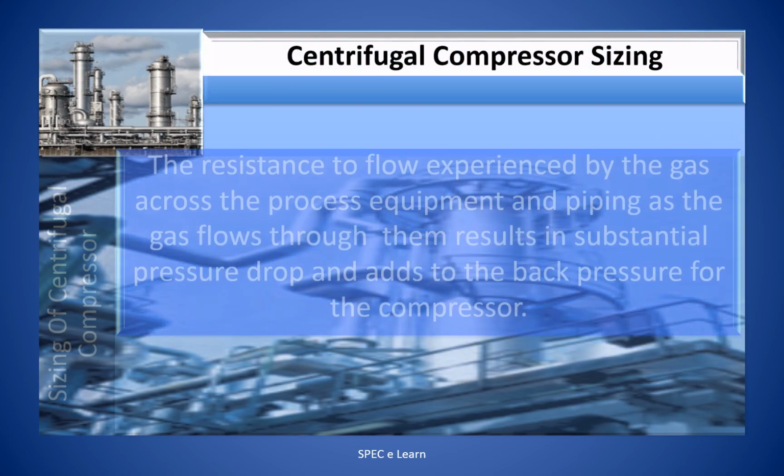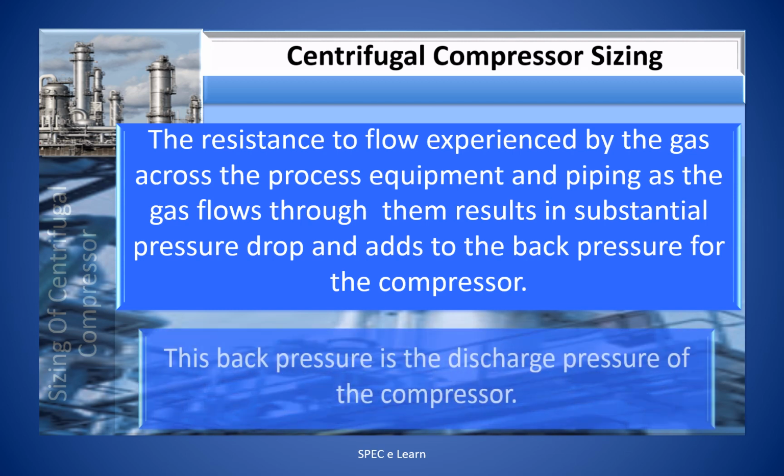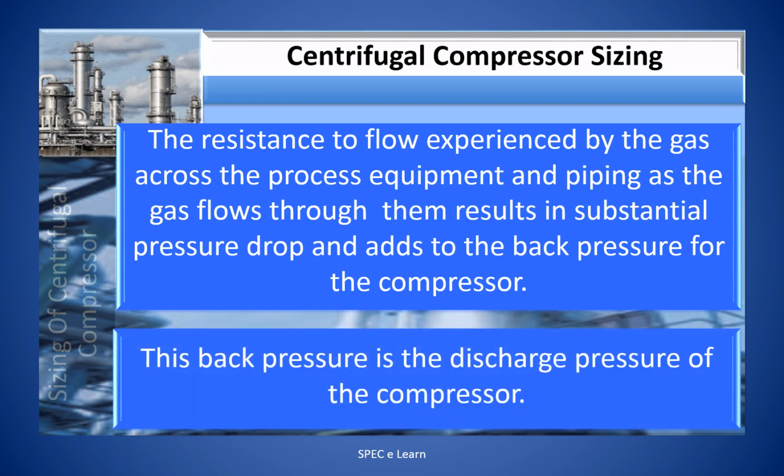The resistance to flow experienced by the gas across the process equipment and piping as the gas flows through them results in substantial pressure drop and adds to the back pressure for the compressor. This back pressure is the discharge pressure of the compressor.